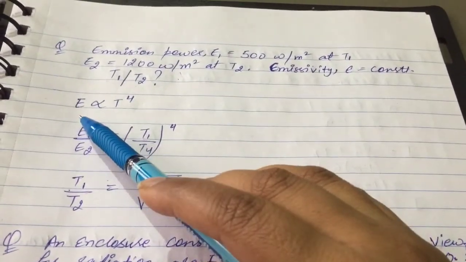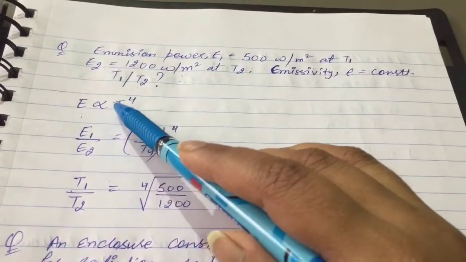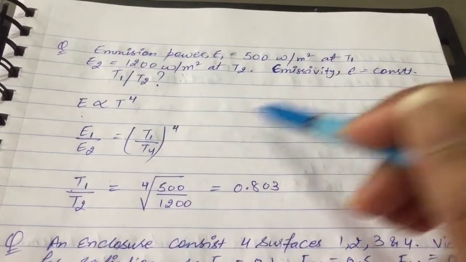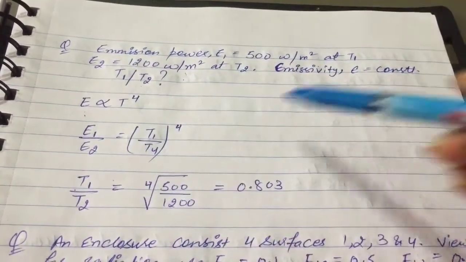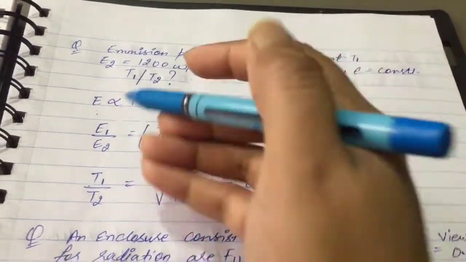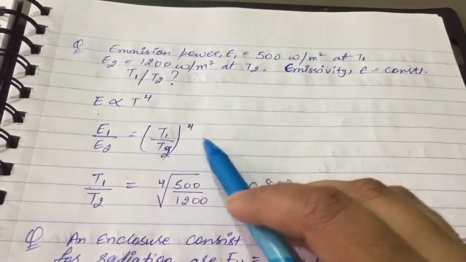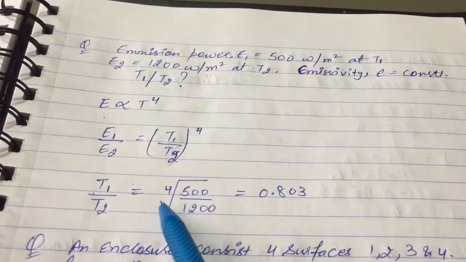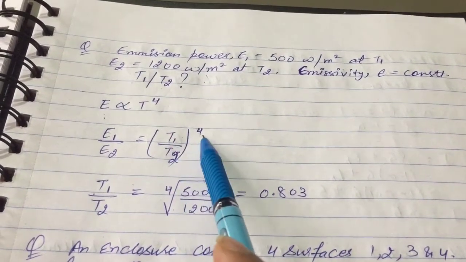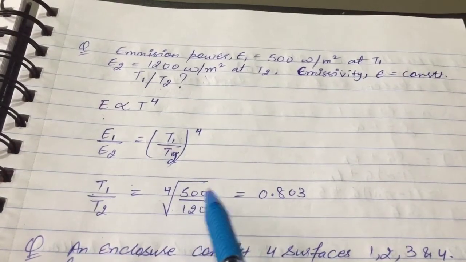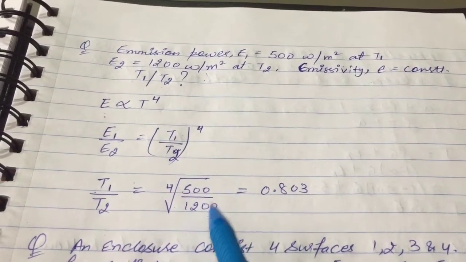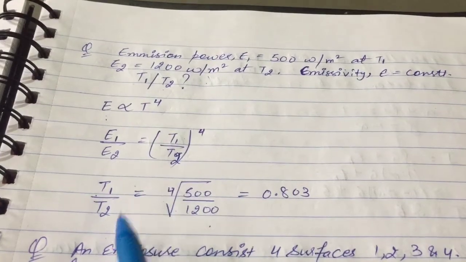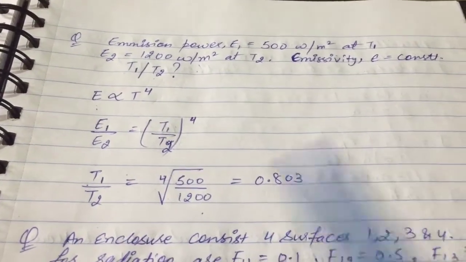We know that emissive power is directly proportional to temperature to the power 4. So E1 by E2 would be equal to T1 by T2 to the power 4. Taking the power to the other side and putting in the values of E1 by E2, we get T1 by T2 is equal to 0.803.